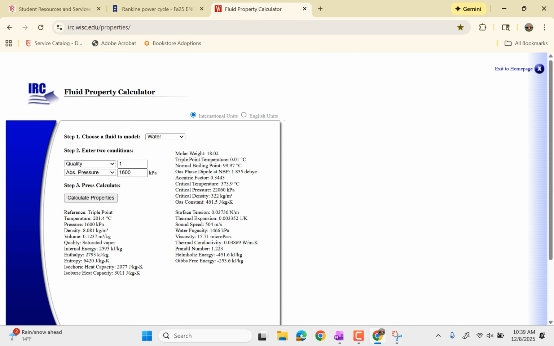So we have water. We want a quality of 1. Pressure is 8 kilopascals. And so the entropy is 8227.